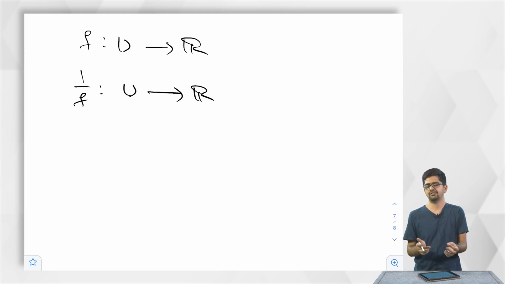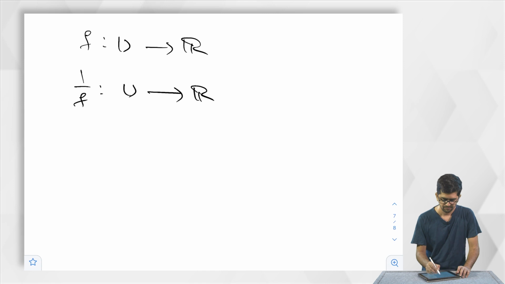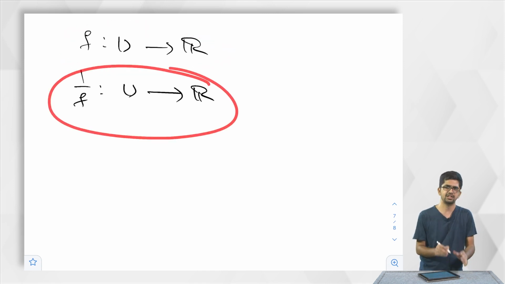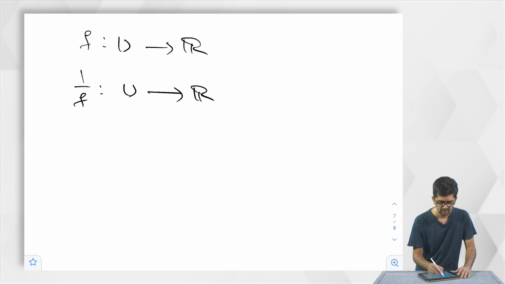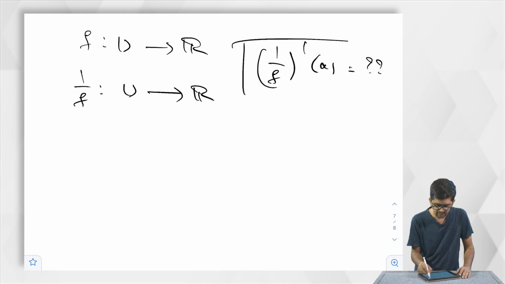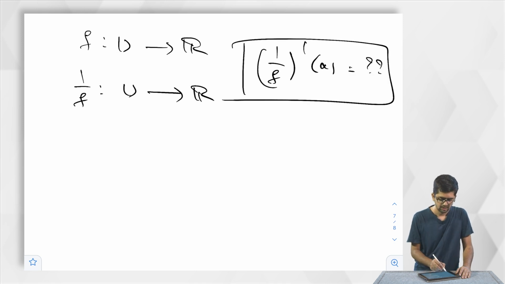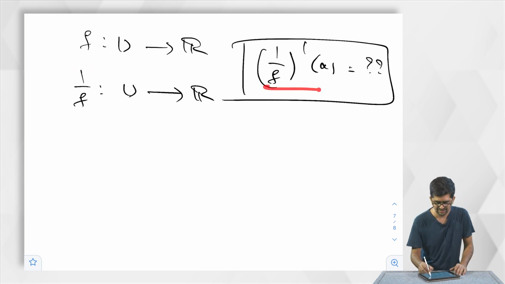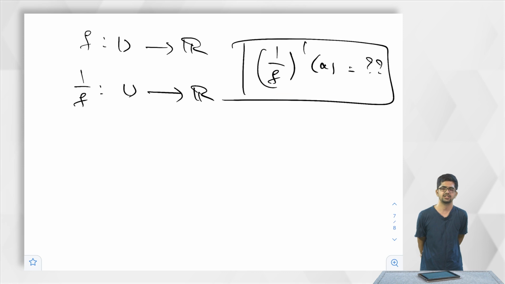Can you compute the derivative? That is the question. f is differentiable, that is given. 1 by f is also differentiable, that is also given. The question is, can you compute the derivative of 1 by f at a? Knowing that f is differentiable and 1 by f is differentiable, can you compute this derivative? That is the question.